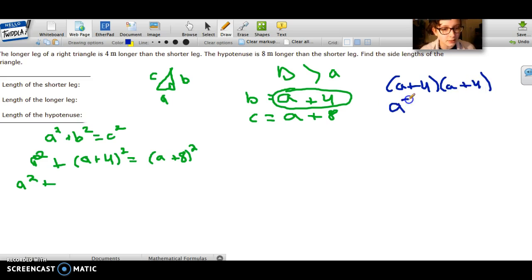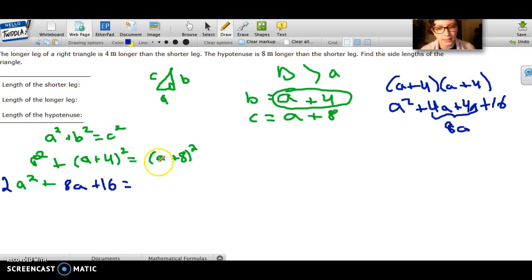So A squared plus 4A plus 4A plus 16, and 4A plus 4A is 8A. So we have A squared plus 8A plus 16, and then plus another A squared, so that makes 2A squared plus 8A plus 16.